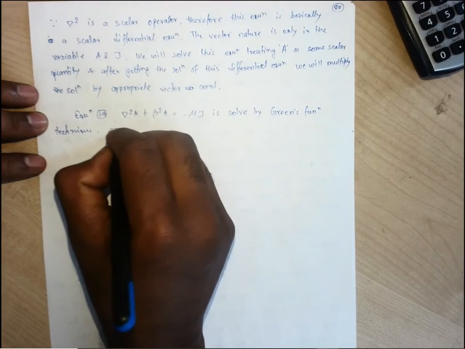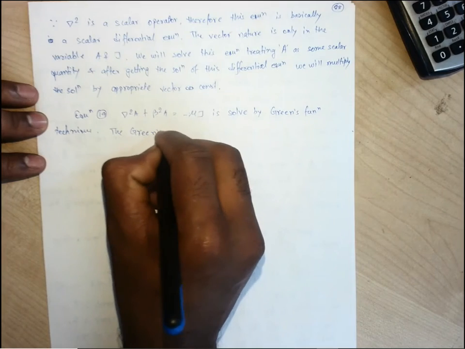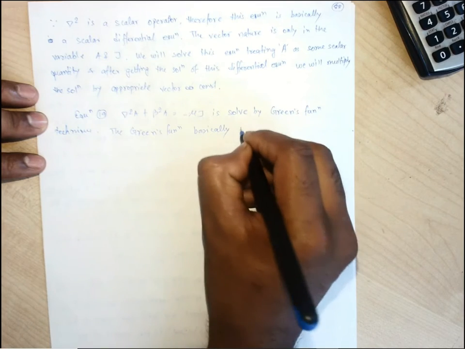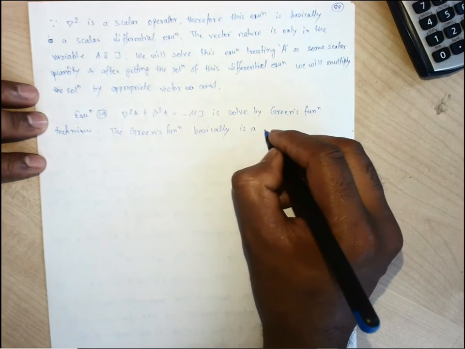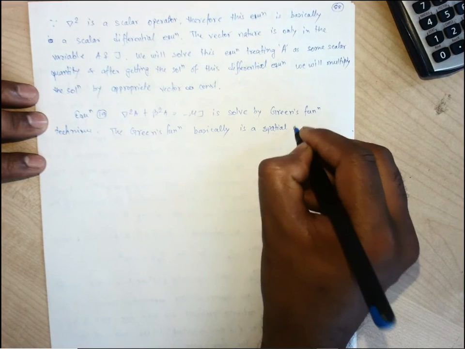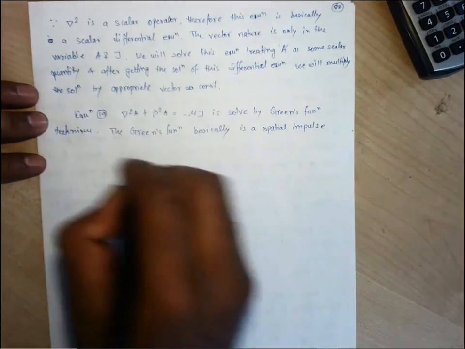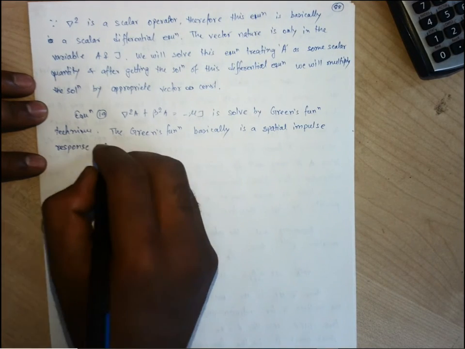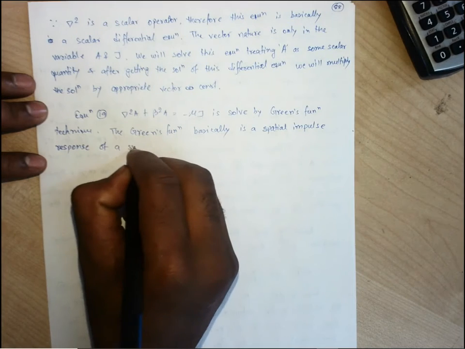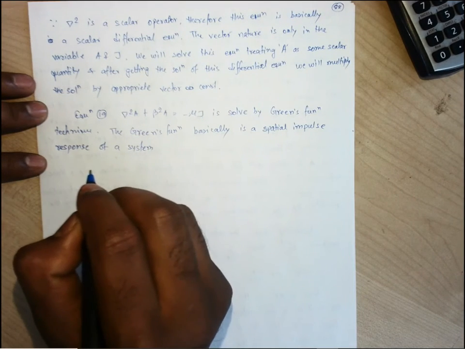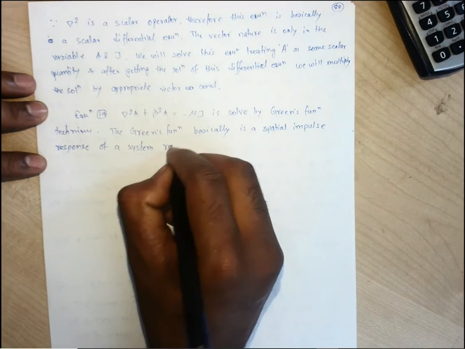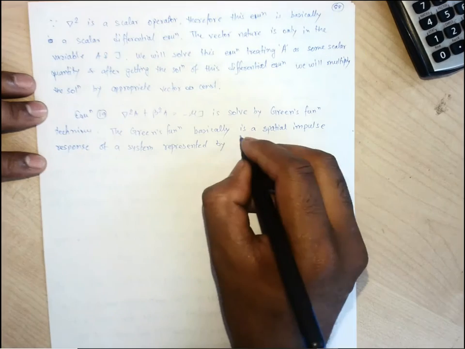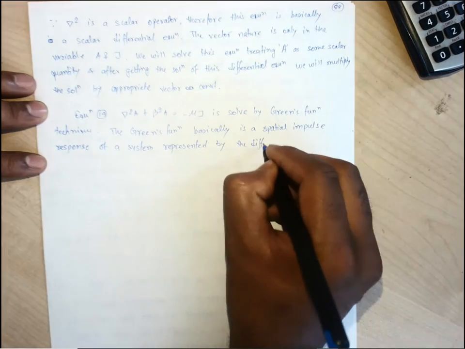What is this Green's function? The Green's function basically is a spatial impulse response of a system represented by the differential equation.